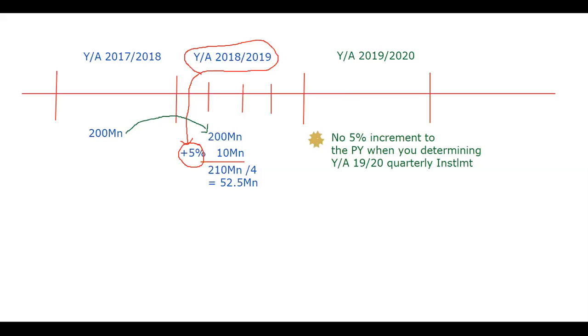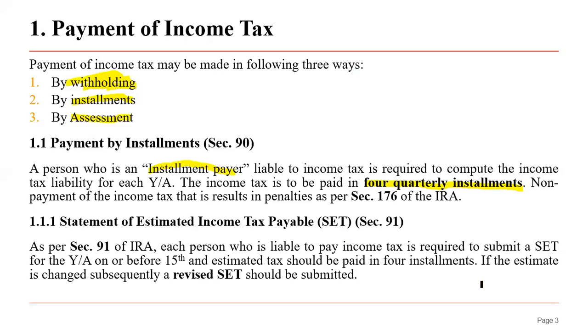I will move again to the slide. Now you know the basic things, quarterly payment and all. Then there is one document recently introduced with effect from April 1st, 2018 with the new Inland Revenue Act: the Statement of Estimated Tax Payable.